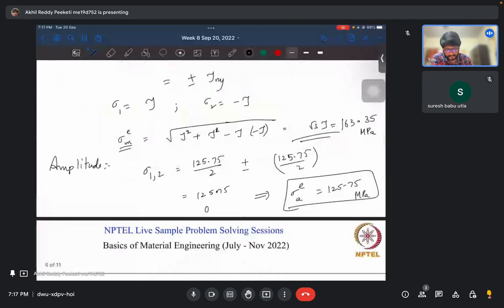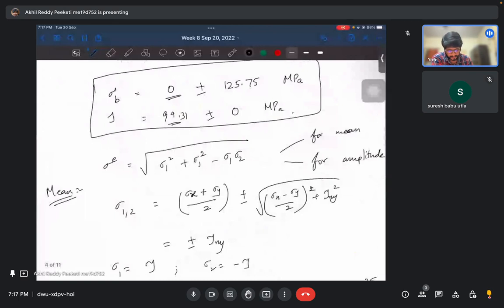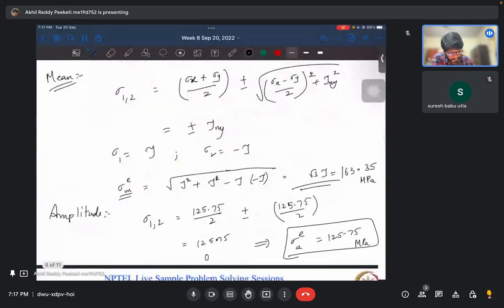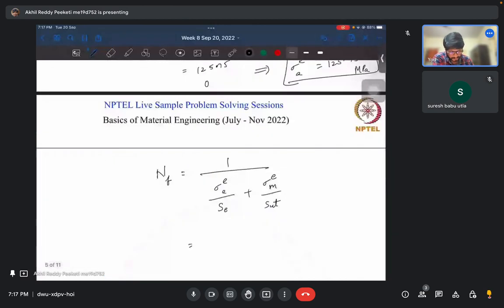Because tau shear only contributes to the mean, we can directly multiply only the mean with Ks, and the bending contributes only to the amplitude, so you can directly put it here.